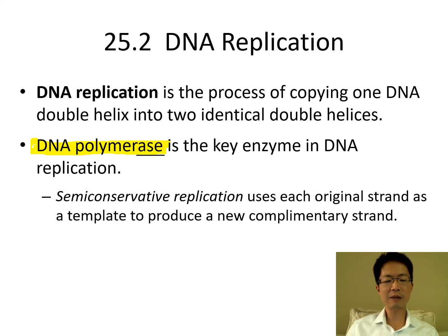What does this enzyme do? This enzyme makes polymer. What kind of polymer? It makes DNA polymer. So that is the function. Basically, the name of the enzyme tells you the function.